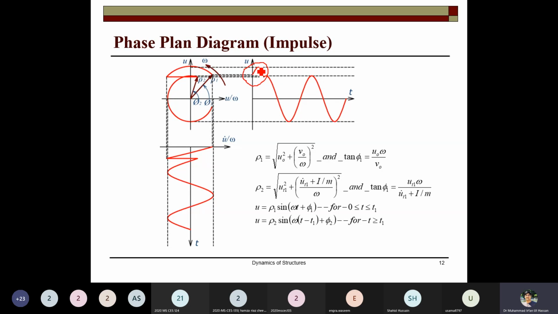So when there is some initial impulse value, there are two separate rho 1 values. One rho 1 is because of this value, and another one is because of that value. So there will be two kinds of response.